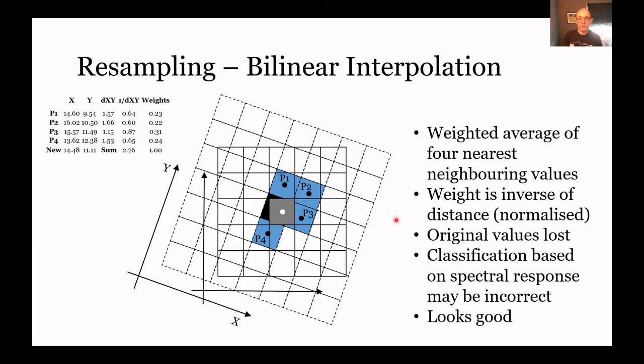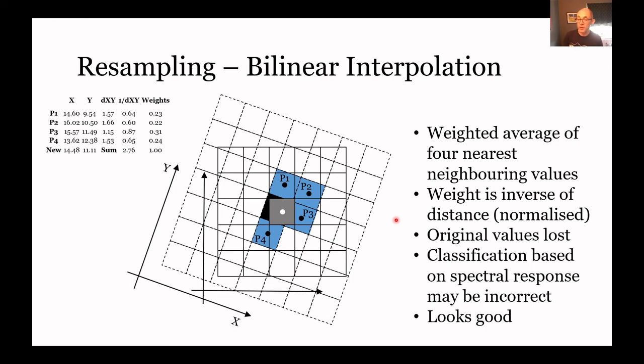For aerial photographs, for satellite images, doing this will also alter the values in each pixel, and the spectral response may not be correct. If you're then doing some sort of analysis of the pixels, something even as simple as NDVI, the relationship between the different bands will be altered, will be changed, and you may not get the response you're hoping for.